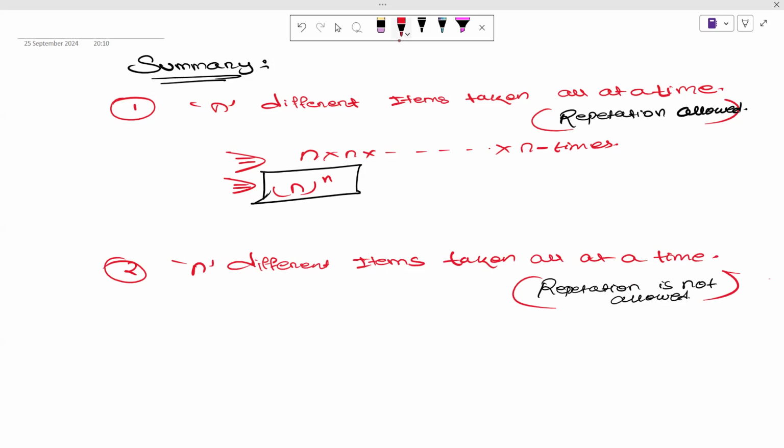So in this case, if repetition is not allowed, then 1 multiplied by 2 multiplied by ... n minus 2, n minus 1, then n, which is n factorial.